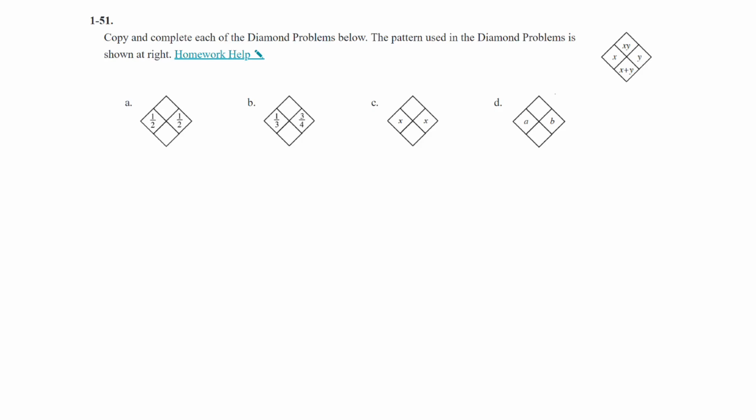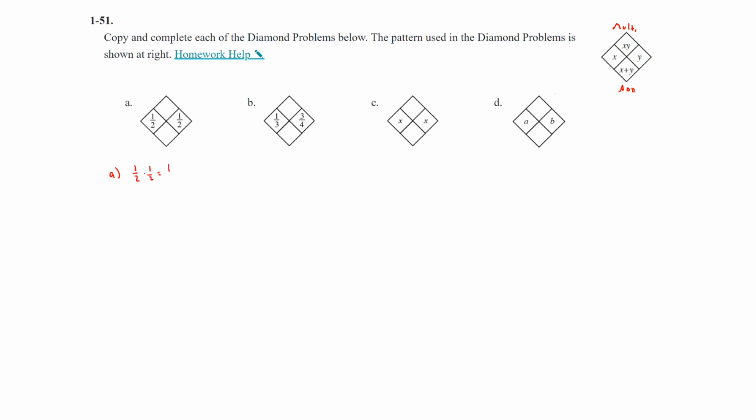Question 51. Copy and complete each of the diamond problems below. The pattern using the diamond problems is shown at the right. So we continue to multiply to get the top number. So this is multiplication. And then to get the bottom number, we are going to add the x and the y if they're given. So on part A, the x and y are both given. To get the top number, we're going to multiply 1/2 times 1/2.